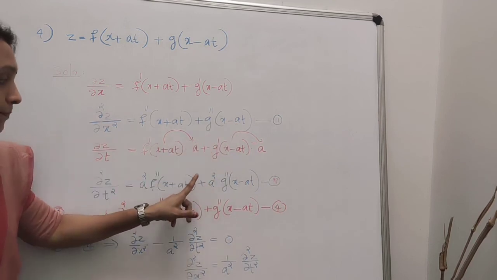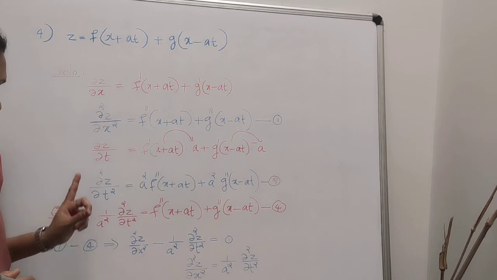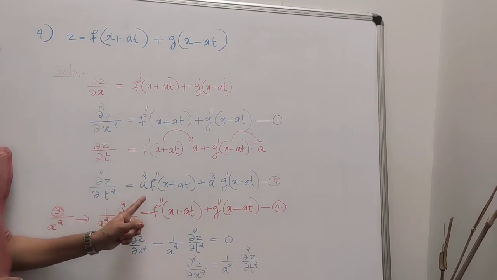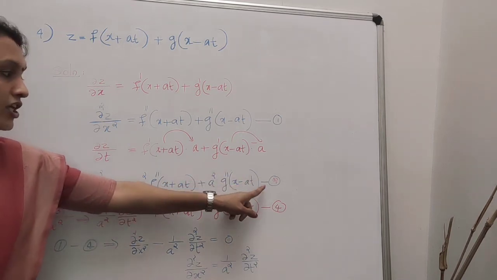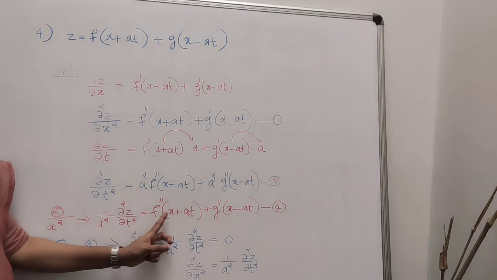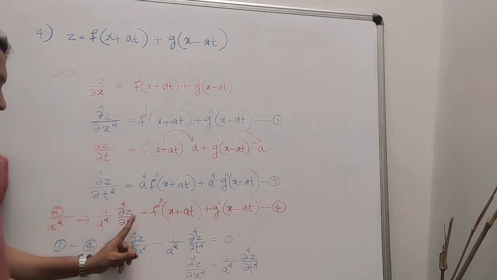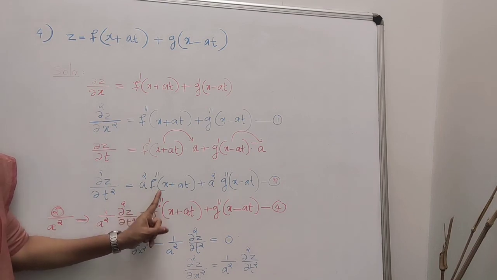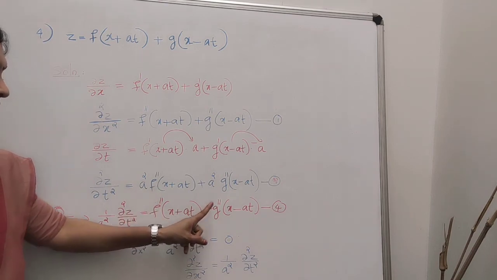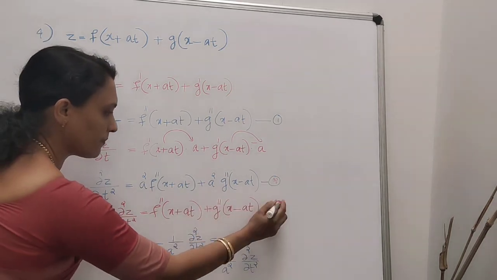Both sides will be the same, isn't it? So in the next step, I am dividing equation 2 throughout by a square. So 1 by a square dou square z by dou t square is equal to f double dash of x plus at plus g double dash of x minus at. You can put it as equation number 3.